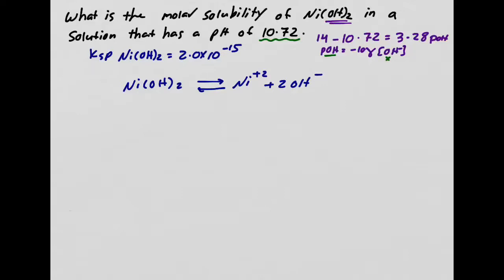The OH minus concentration is going to equal 10 to the minus 3.28. I just want to make sure everyone's on the same page with algebra. If we do that, what we end up getting is 5.2 times 10 to the minus 4. That would be my hydroxide concentration.